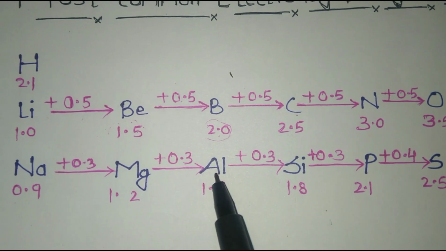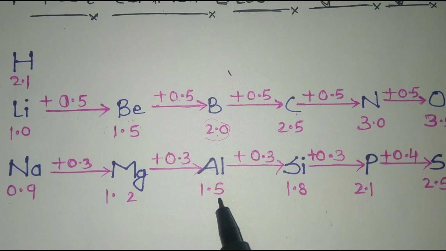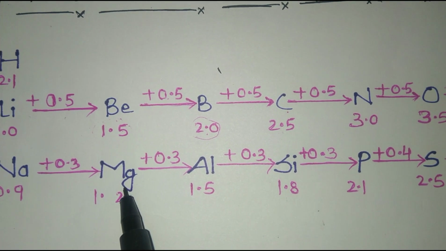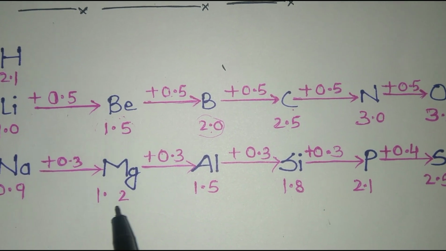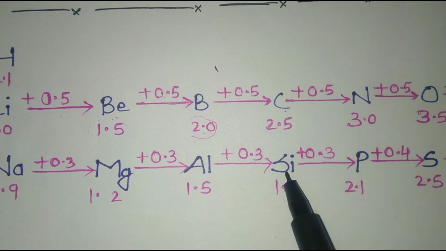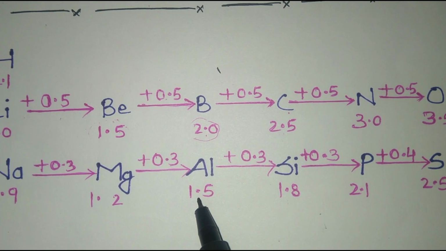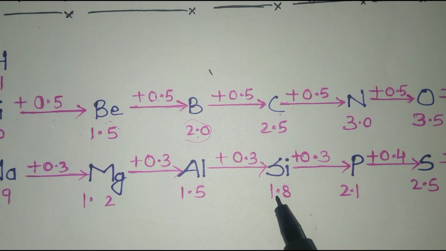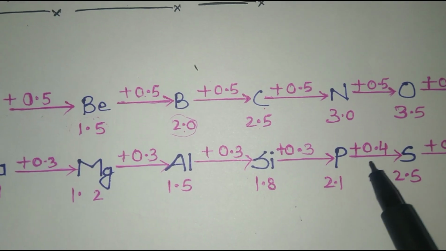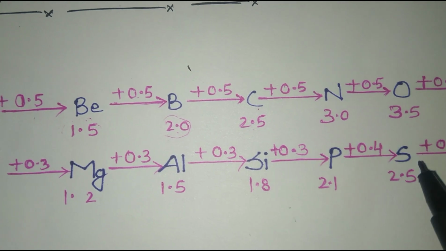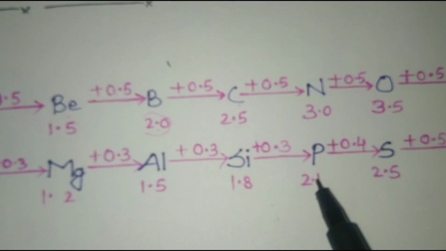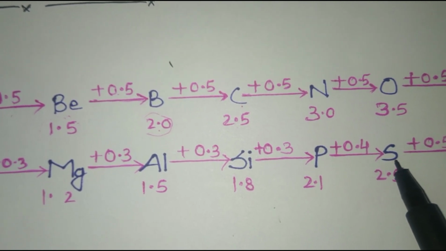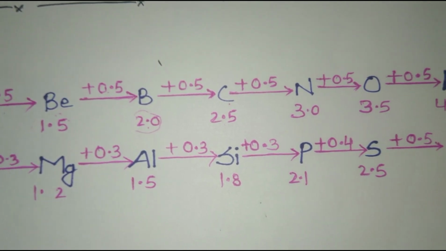And further, if you want the electronegativity of aluminium, just add 0.3 to the electronegativity value of magnesium, you will get 1.5. Similarly for silicon, add 0.3 to 1.5, you will get 1.8. Similarly for phosphorus, 1.8 plus 0.3, 2.1. But from phosphorus to sulfur, you have to add 0.4 to 2.1 to get 2.5 as the electronegativity of sulfur.